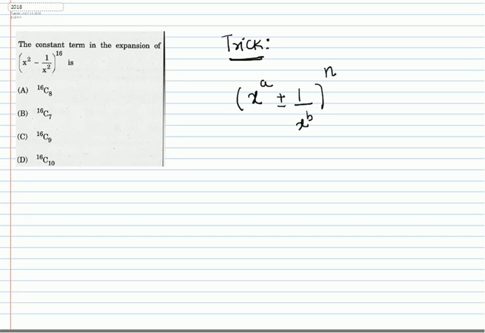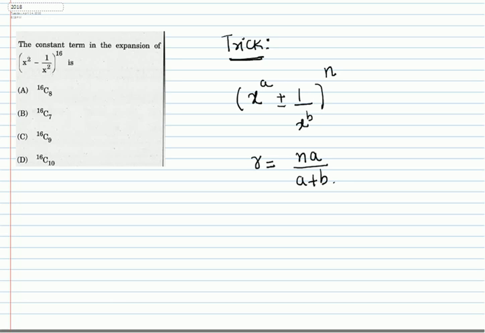Then in this case, if you are finding the constant term, that is t(r+1), r is always defined as n into a divided by a plus b. Don't forget this. Clear? Repeat once again: if you are finding a constant term, you should take care of this relation.